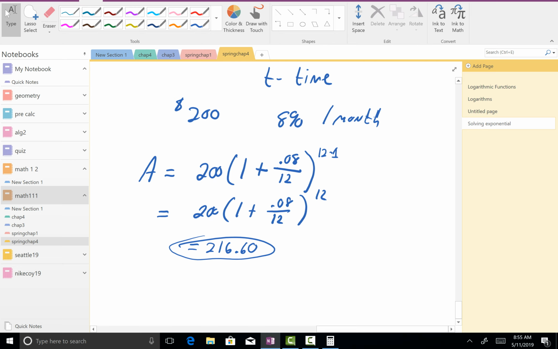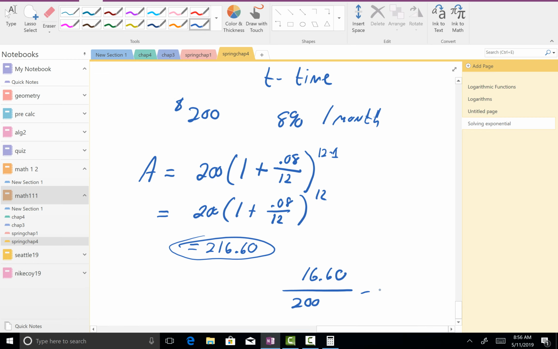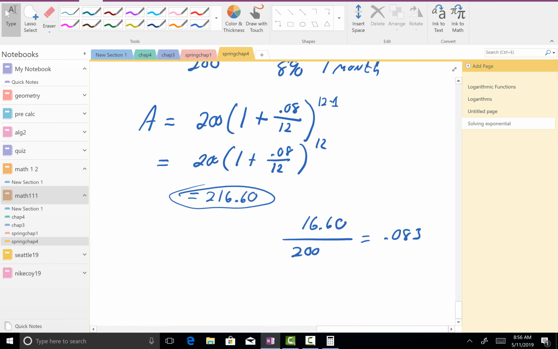So let's look at this then. If we have 16.60 over 200, because we want to check to see what fraction of the whole principal the interest is, that's equal to 0.083 or 8.3%.